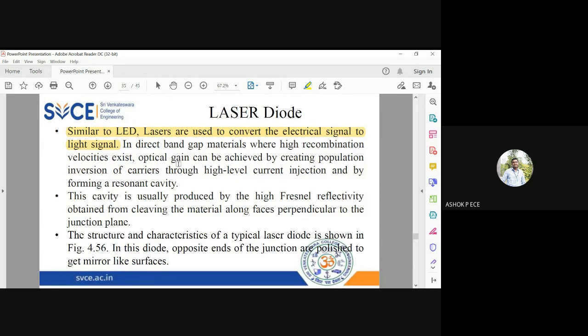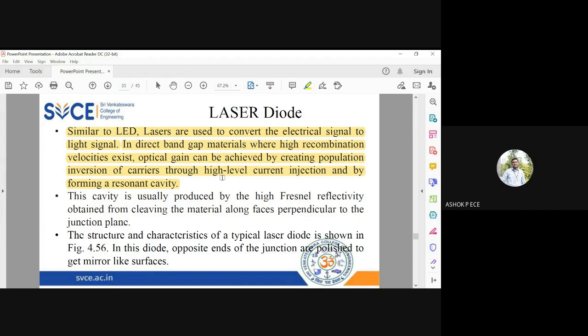In order to streamline the process of recombination in an effective way, I'm going to have a special thing called a cavity. Inside the cavity, I'm going to keep the diode, and I'm going to have a mirror on both sides to ensure that the generated photons are reflected back and forth between the mirrors.